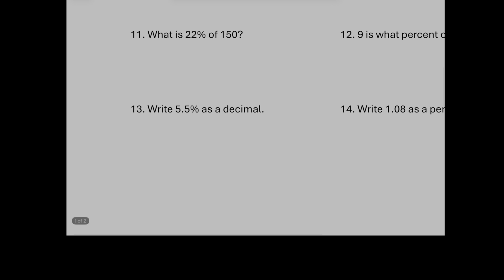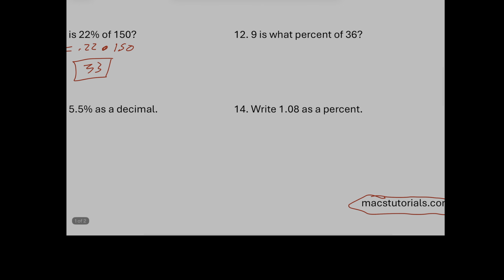All right, number 11. What x is 22% of 150? 0.22 times 150, when you plug it in your calculator, gives you 33. Okay? 9 is what percent of 36?